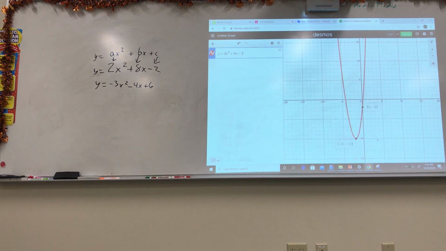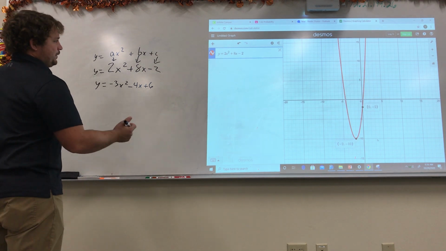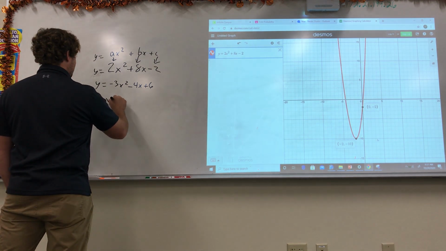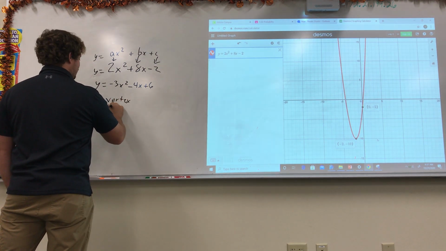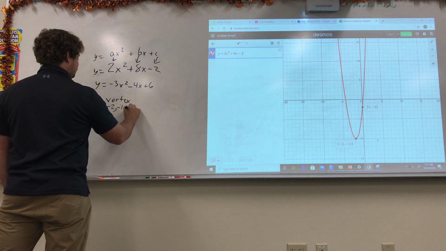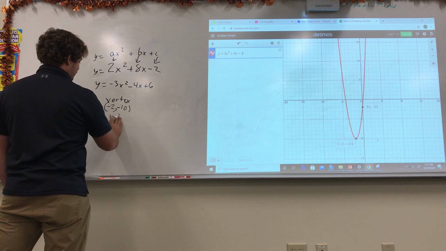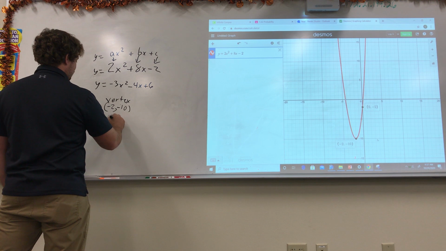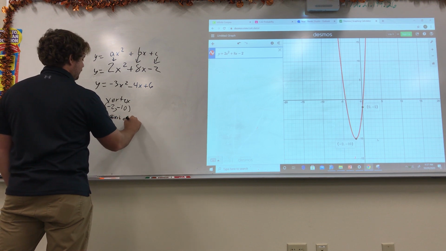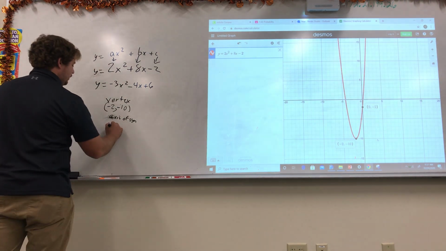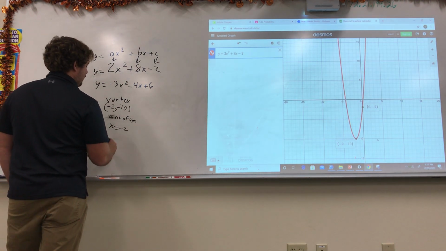Why does it have a domain? Because by now you should know most of your domains are going to be all real numbers right now. So my vertex is (-2, -10). My line of symmetry, or axis of symmetry, is going to be x equals -2.